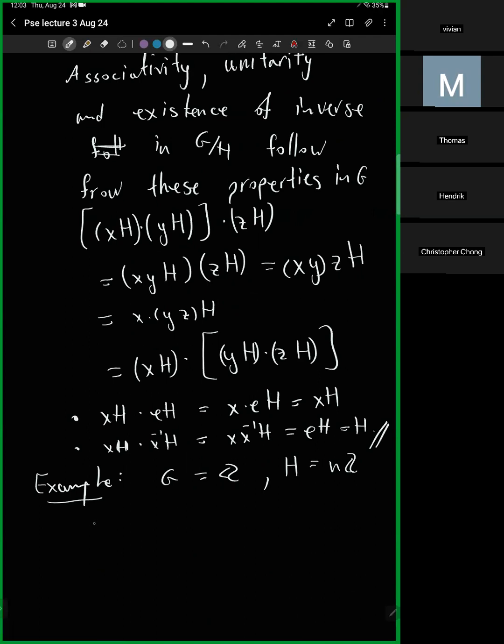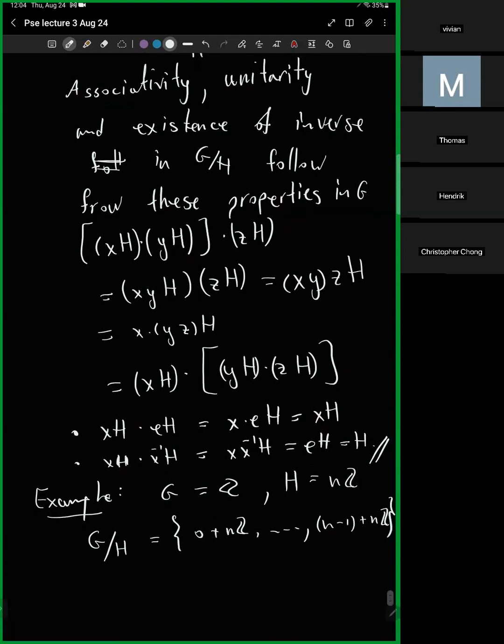Then G mod H, we saw that as a set, is 0 plus nZ up to n minus 1 plus nZ. But now the last proposition tells us that this thing has a group structure.